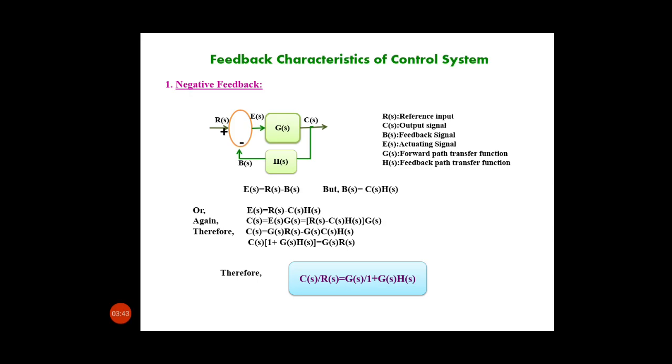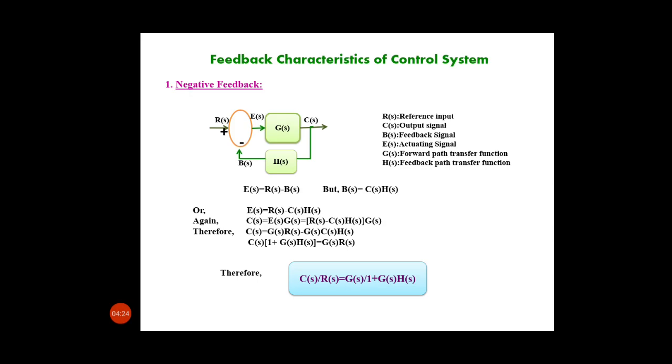So how can we derive the transfer function of the negative feedback system? The actuating signal or error signal is the output of the comparator. E(s) is expressed as R(s) minus B(s), minus because here we use negative feedback.